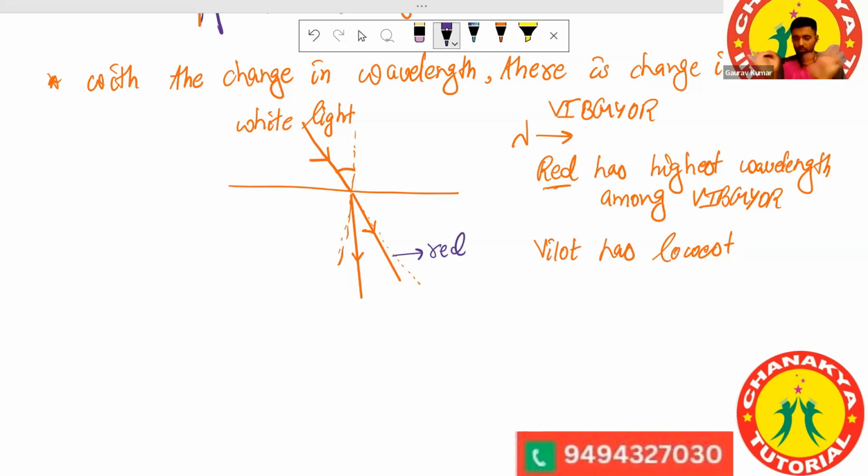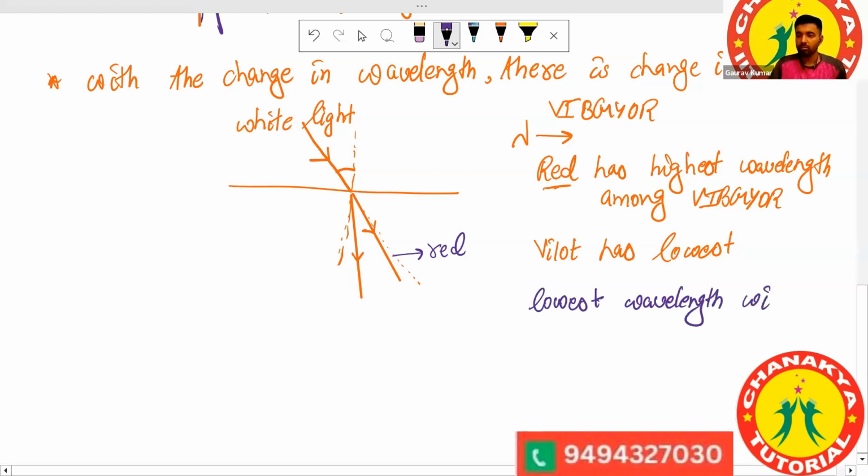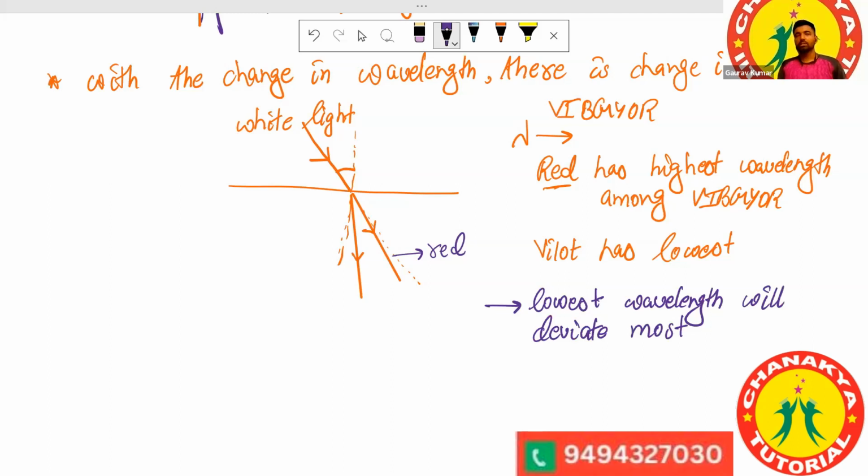We do not need to go in depth about how it is dependent. Just remember that the lowest wavelength will deviate most.